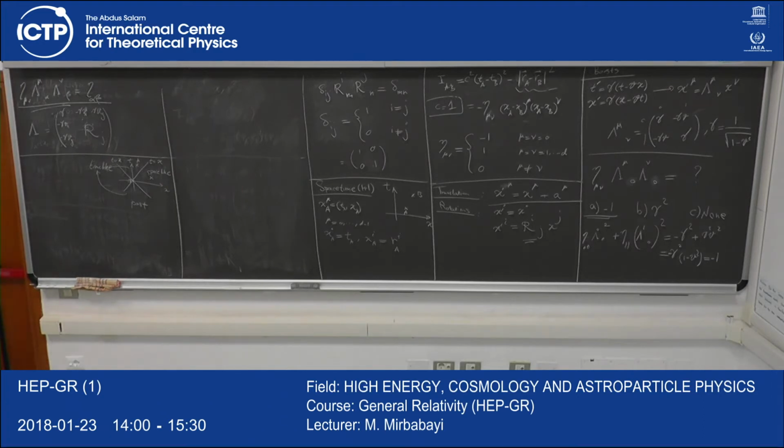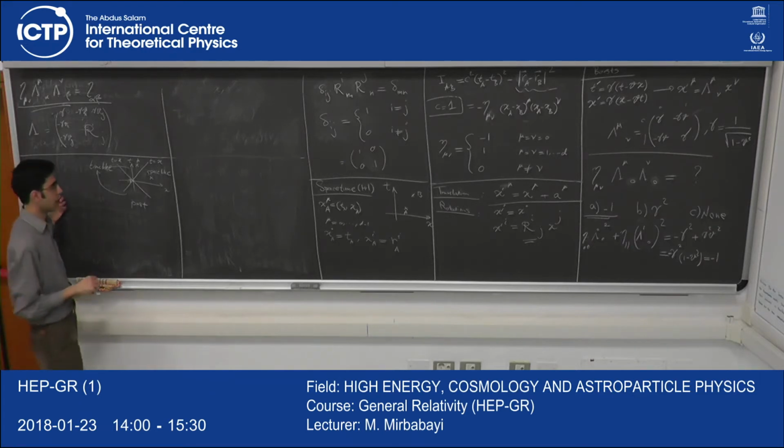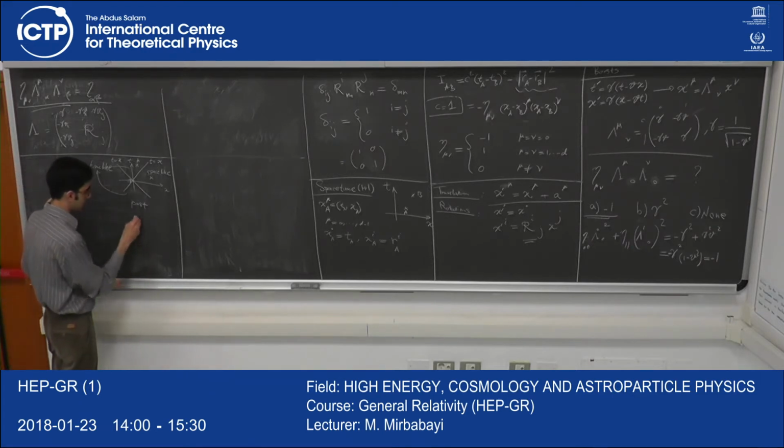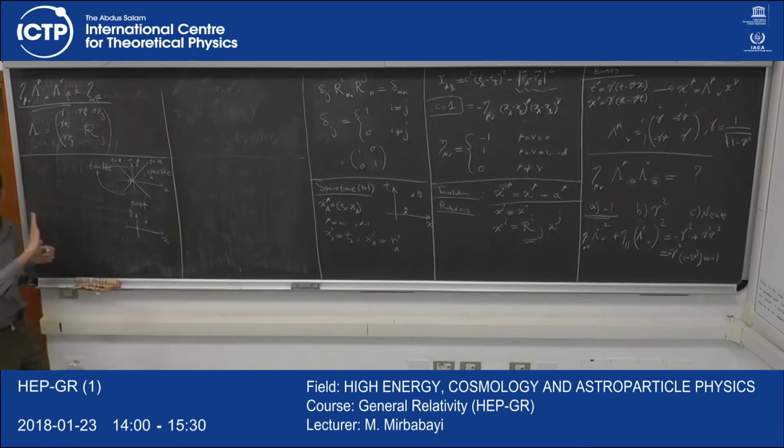Now, what Lorentz transformations do is kind of similar to rotations. If I remember, in the case of rotations, if I sit one of the points at the origin and then the other one is here, I can do rotations.